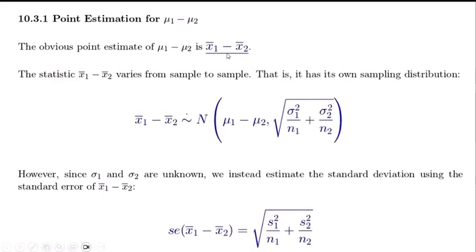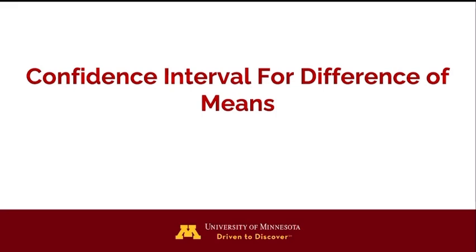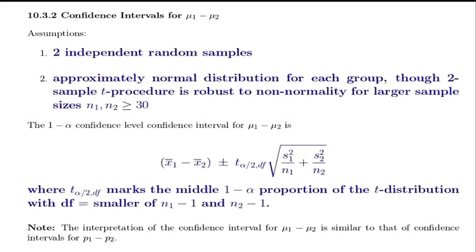Because of that, we need to construct an interval in such a way that the true difference of the population means lies within it. So welcome to the confidence interval for the difference of means. Of course, we start with the assumptions. Assumption number one is that the two independent samples have to be random.